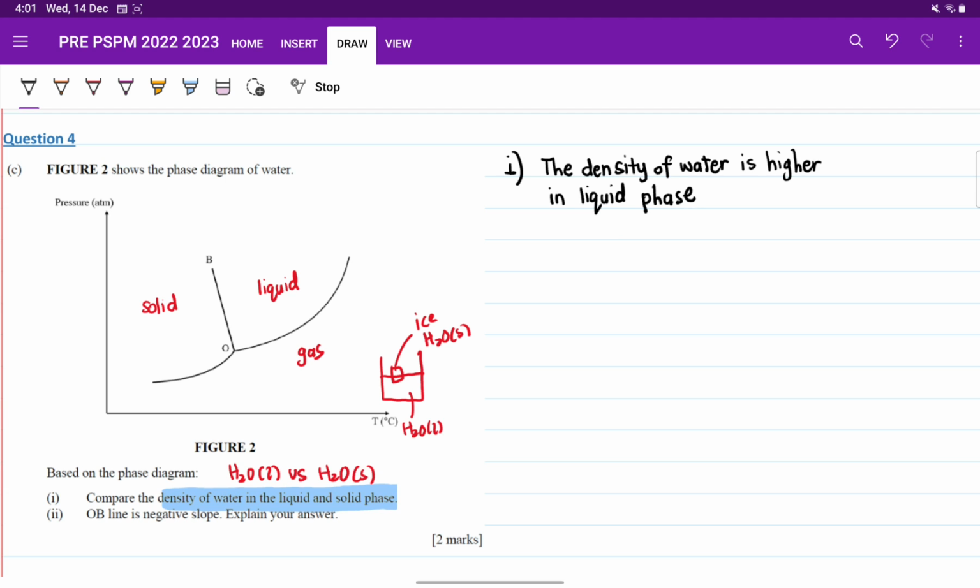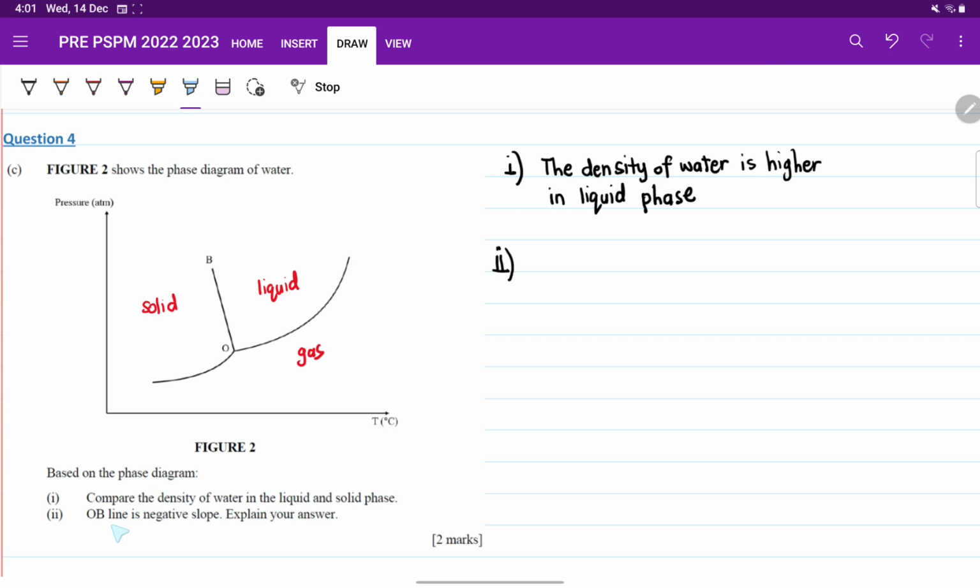Okay, moving on to question C2. So, the OB line is negative slope. Explain your answer. So, this is our OB line. So, kalau awak tengok dekat sini, OB line adalah antara solid dan juga liquid. So, this line we call it as melting ataupun freezing line sebab perubahan phase daripada solid kepada liquid and vice versa.